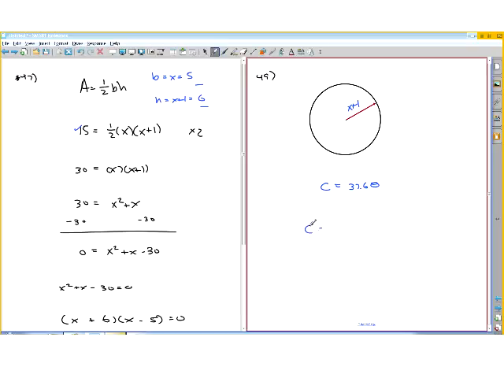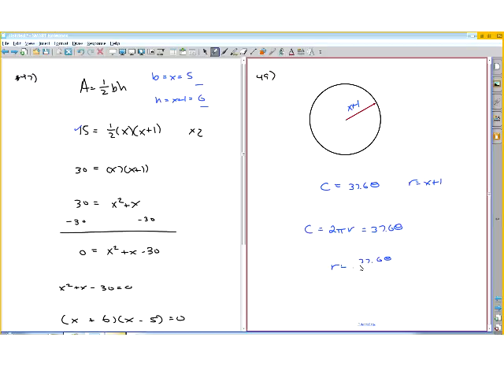What is the circumference in terms of radius? 2 pi times radius. So we get 37.68. So we can calculate the radius, and we know the radius is equal to x plus 1.